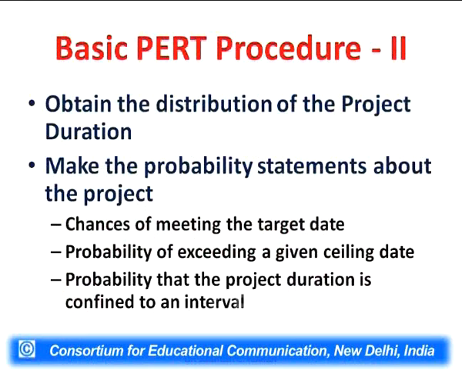Based on these two values, we will calculate the probability using the formula (x - mu)/sigma = z. We look up the z coordinate on the z tables of the standardized normal distribution and find the probability, and that will be the probability of completing the project by that target date.